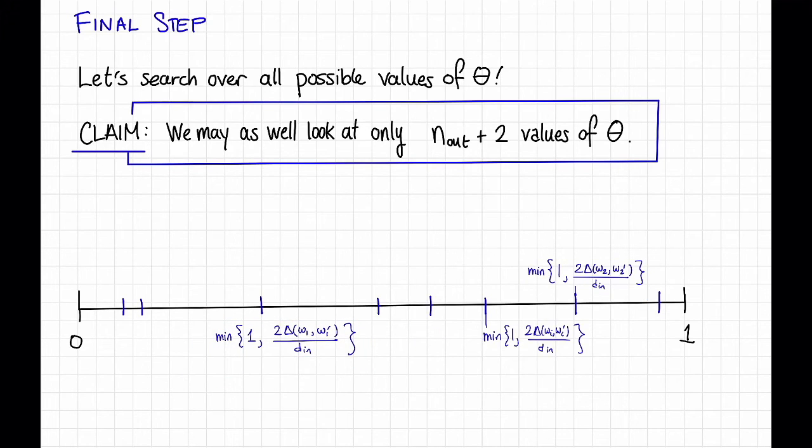So notice that there are n_out of these dashes here, one for each block w_i. Also notice that if we look at a particular interval here, any theta that we were to pick in this interval is going to behave the same in that algorithm.